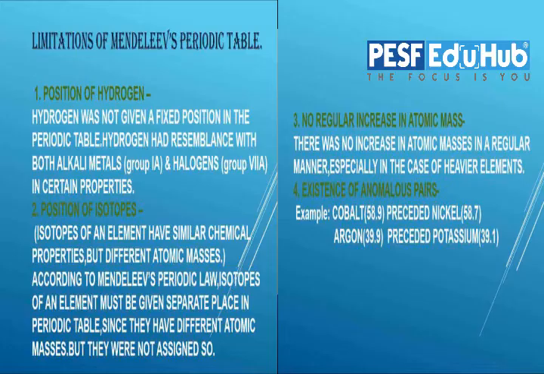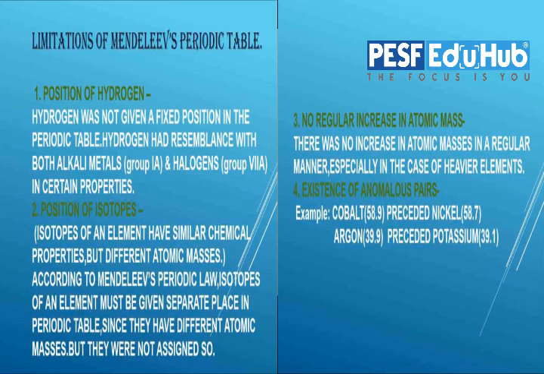The second limitation of Mendeleev was the position of isotopes. Isotopes are elements with similar chemical properties but different atomic masses. So according to him, the isotopes of the same element should be given different slots. That is another limitation.